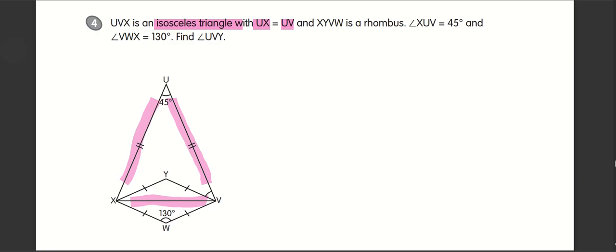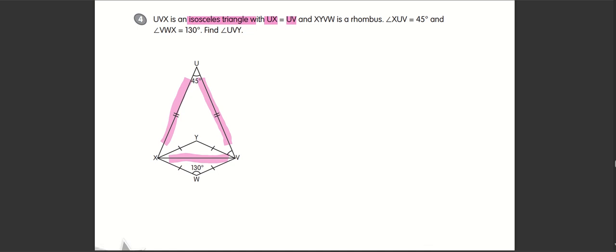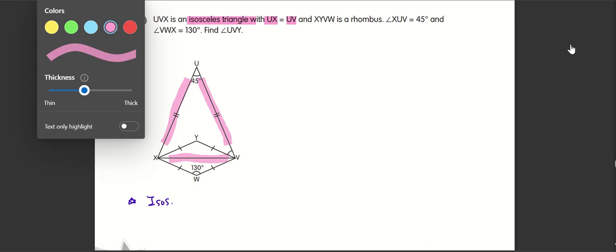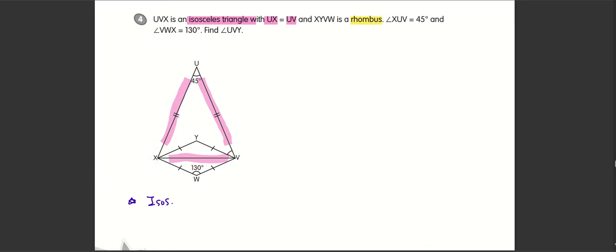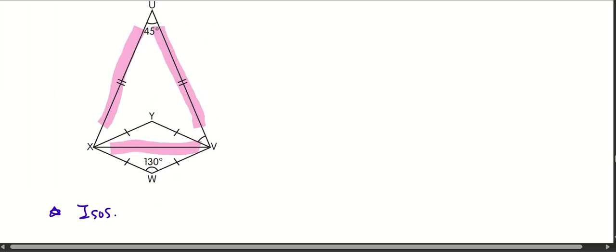So that points us to the first property. We probably need to know isosceles triangle properties. Then you have the rhombus here, and I think rhombus is one of the favorite shapes that many of us have learned, because all sides are equal in the rhombus, and it joins the property of isosceles triangle as well.